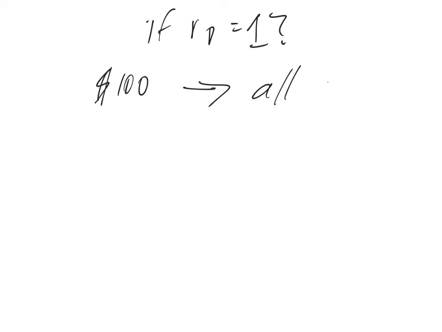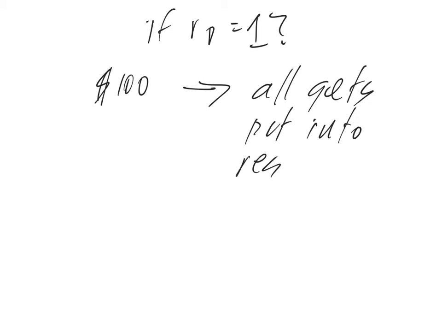But what if RD equals 1, the number 1? Then what? Well, that's like saying when the first bunch of $100 goes to the first bank, bank number 1, it all gets put into reserve immediately.